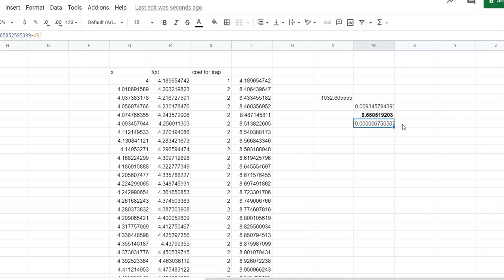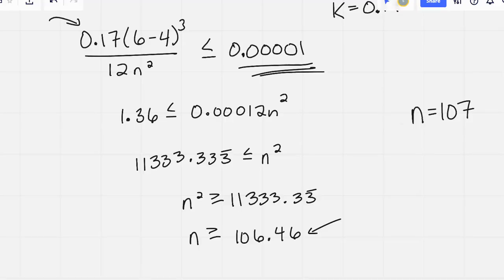When I took that approximate answer and subtracted it from what I'm calling my exact, which is the calculator's answer, I get an error of 0.0000067. So this is my error of the trapezoidal rule using n equals 107.